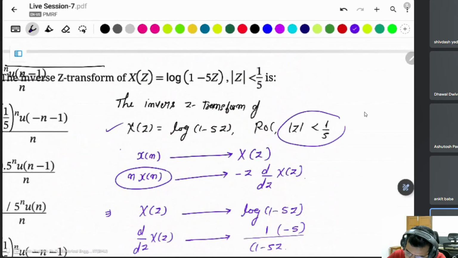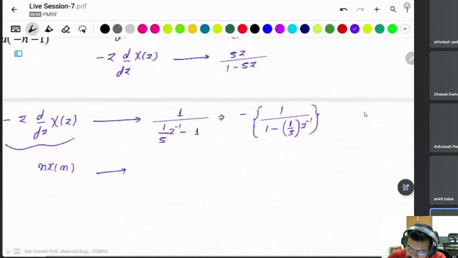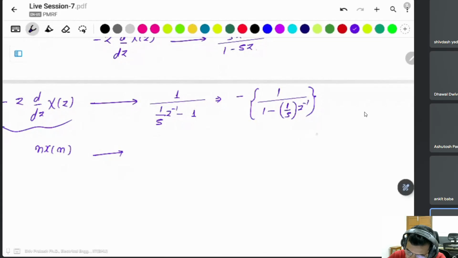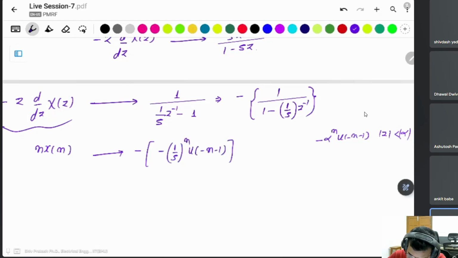The ROC is given as less than, so you have to use this formula: minus alpha^n u[-n-1] for |z| less than |alpha|. Same thing, negative is there, minus (1/5)^n u[-n-1].